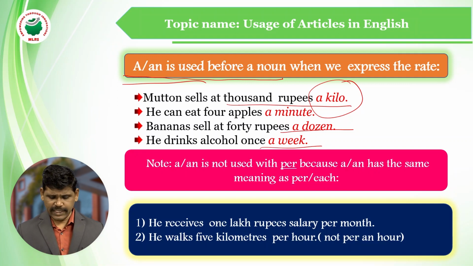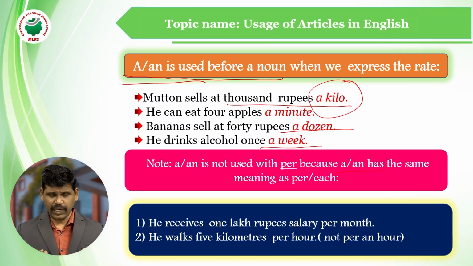Note, a or an is not used with per, because a or an has the same meaning as per. Per or a or an are the same. Let me give you an example without confusion.